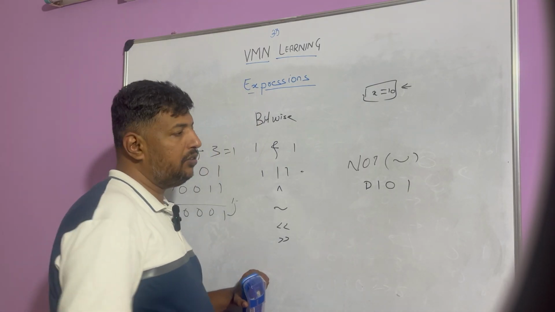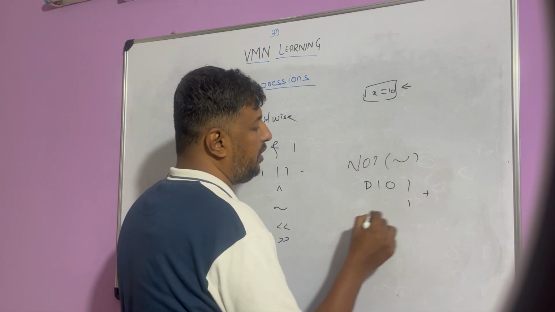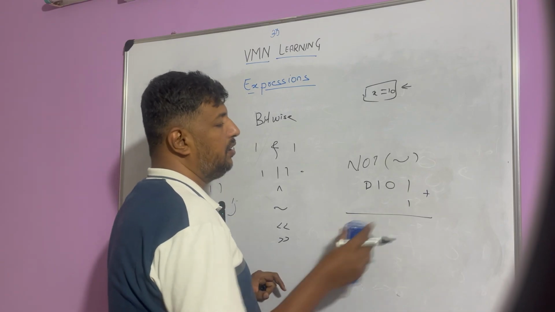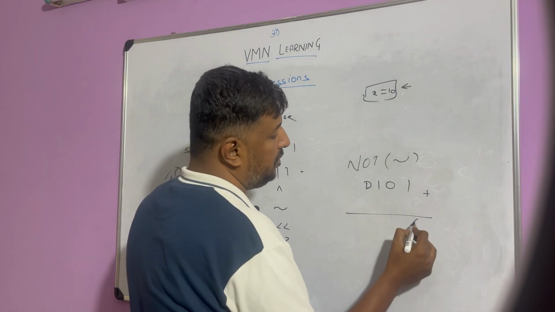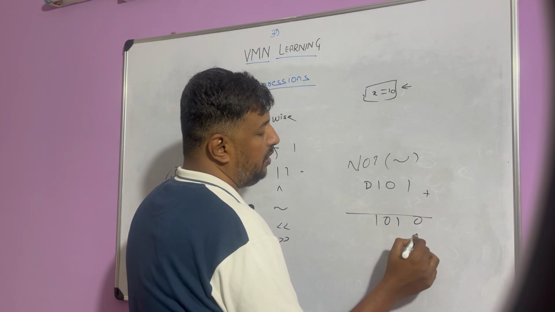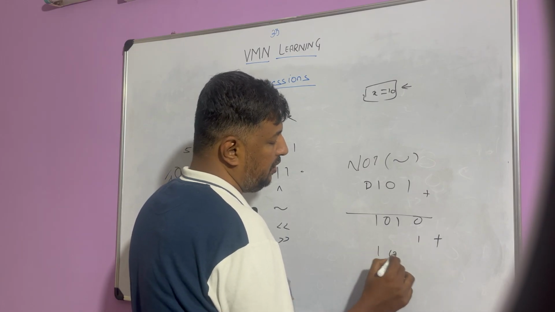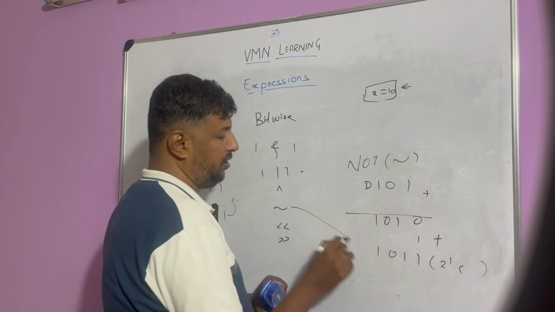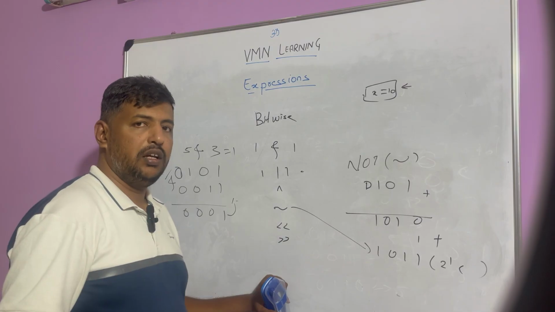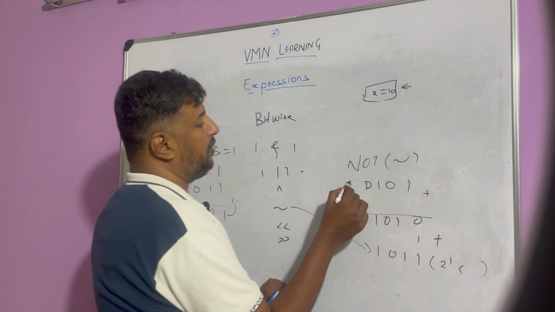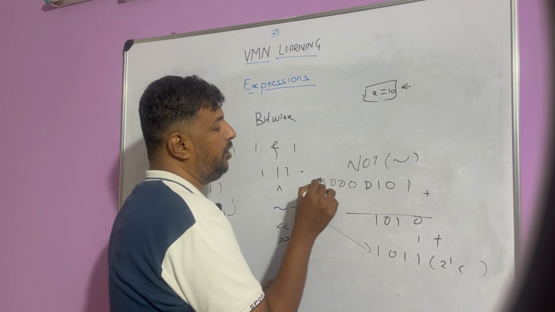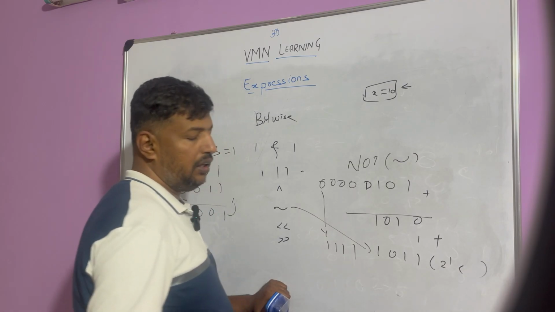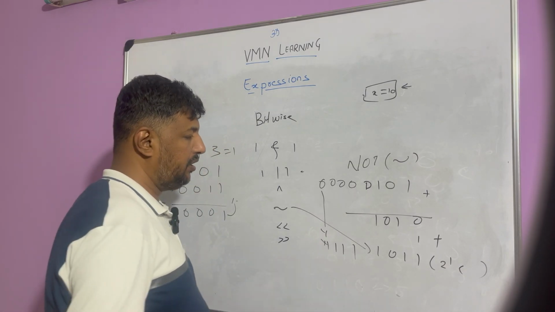How will it make this negative? We have to add 1. Correct? So we have to convert 1 to 0 and 0 to 1, then add 1. This is 2's complement. So this is negation. Okay. Basically, if you are using 8 bits, it will be an 8-bit operation.